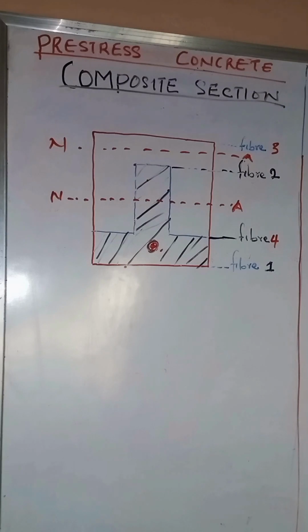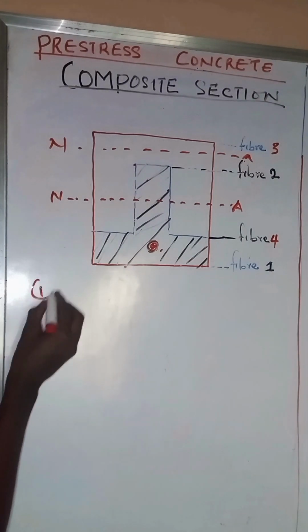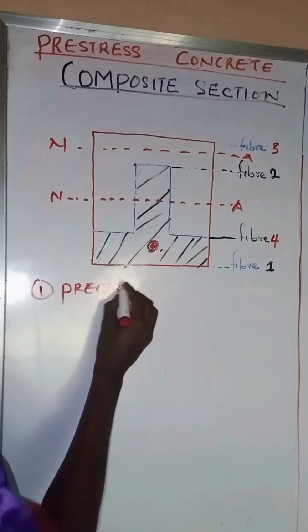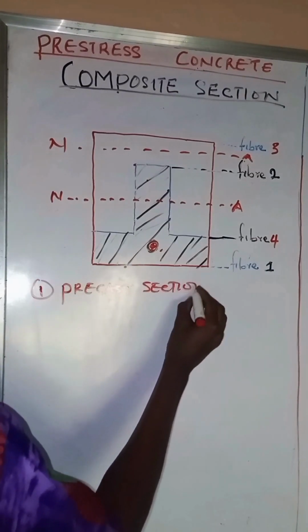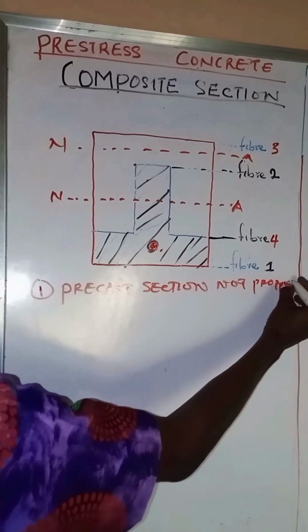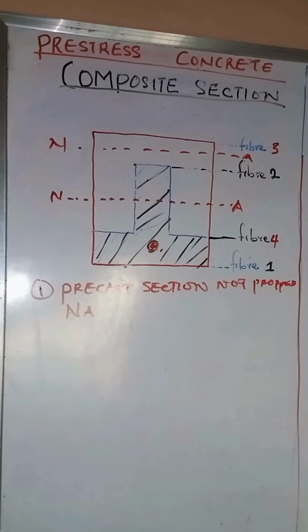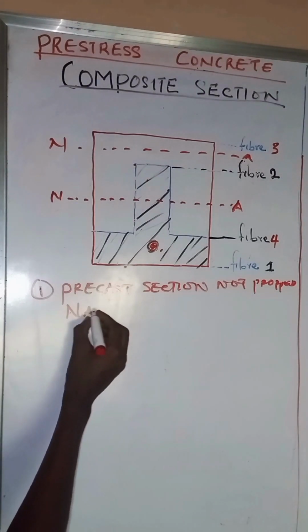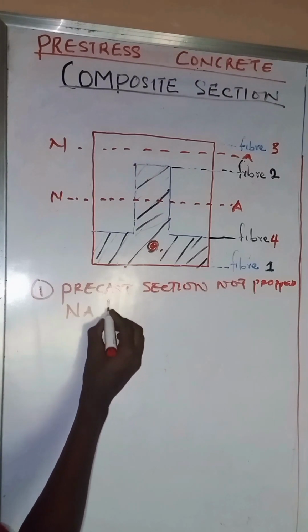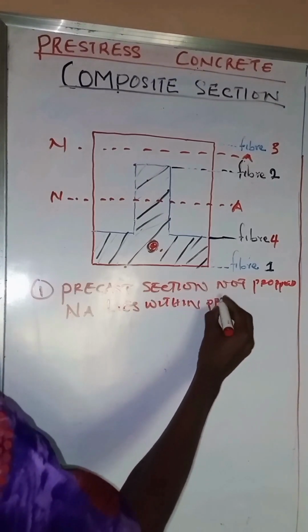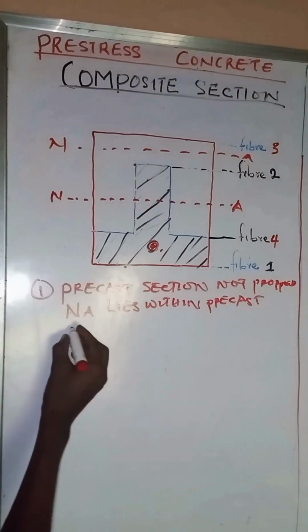Let's look at the stress variation of this section. The first one we're going to look at is the precast section not propped, and we have the neutral axis NA lying within the precast unit.